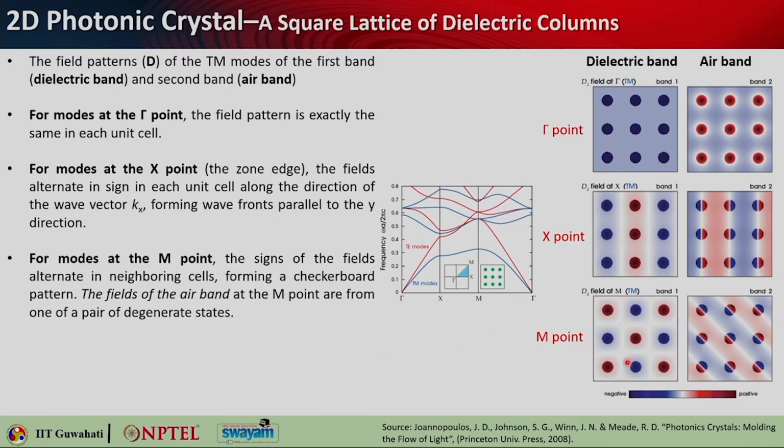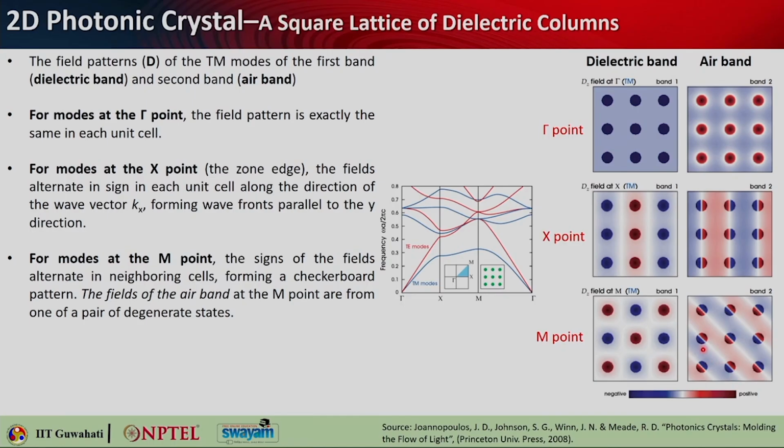And for the M mode, the signs of the field alternate in each unit cell along both x and y directions. That is where it is a corner point basically, and the fields in the air band here are basically a pair of degenerate states.